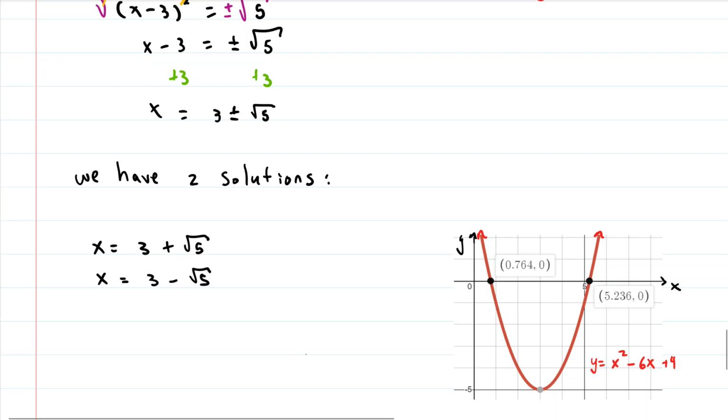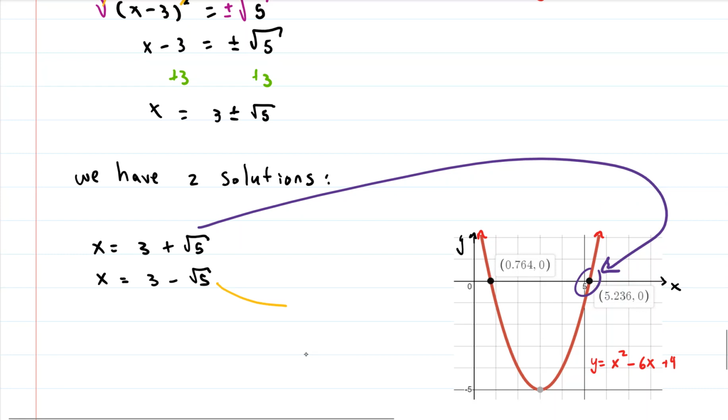And it looks like the 3 plus root 5 is this one here. That is not a very good arrow, right? There we go. That one. And our 3 minus root 5 is this x-intercept right here.